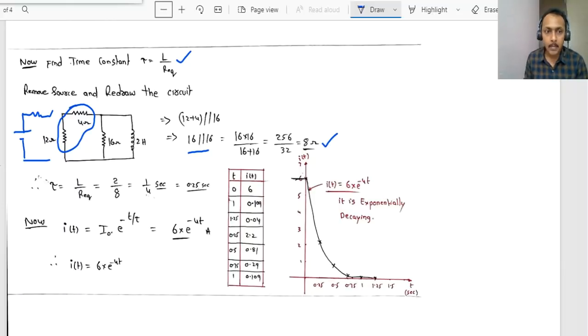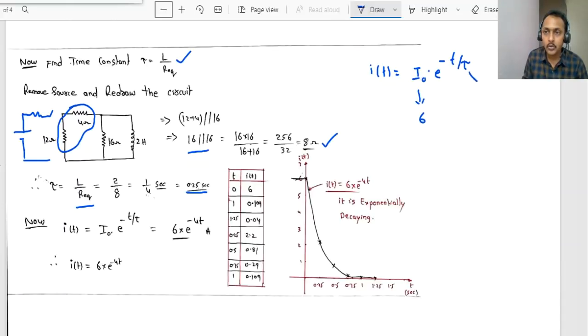Tau equals L by R equivalent. L is 2 Henry, so 2 by 8, which is 1 by 4 seconds, that is 0.25 seconds. Therefore, in the final equation, the solution of the first order differential equation is I of t equals I naught into e power minus t by tau. I naught we have derived and calculated, its value is 6.